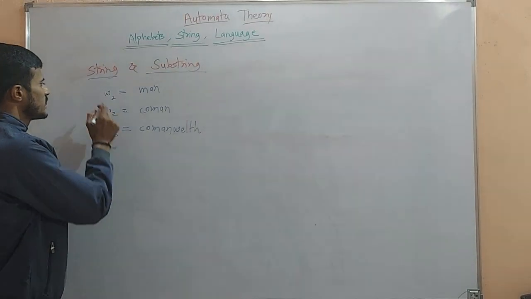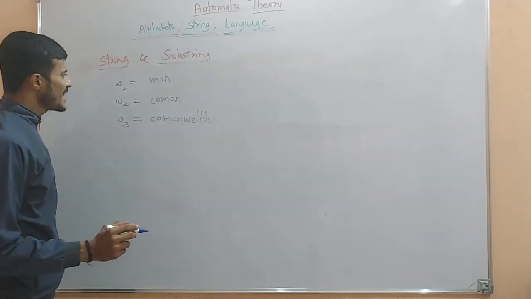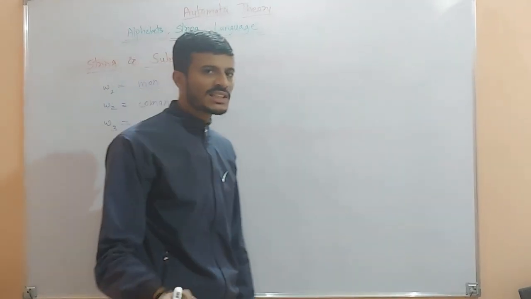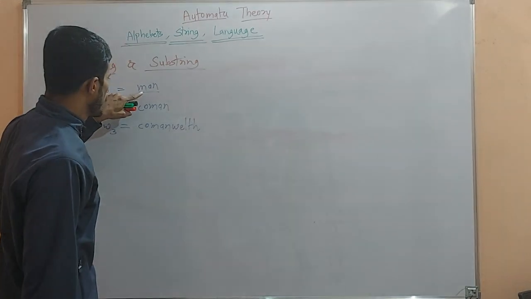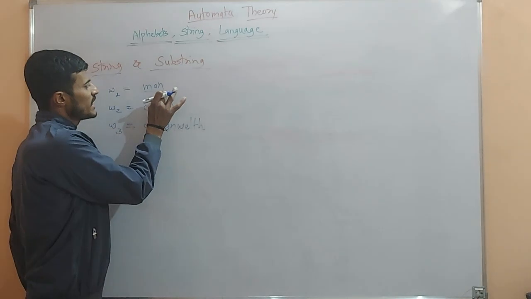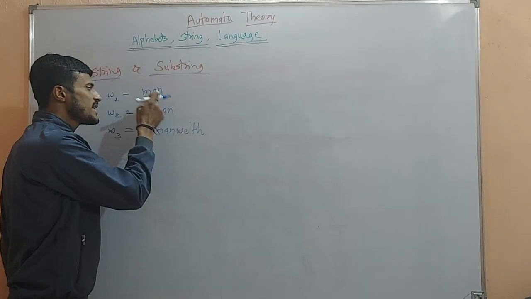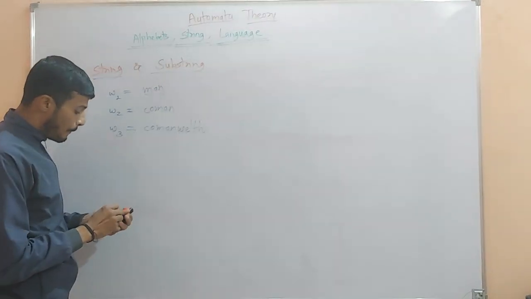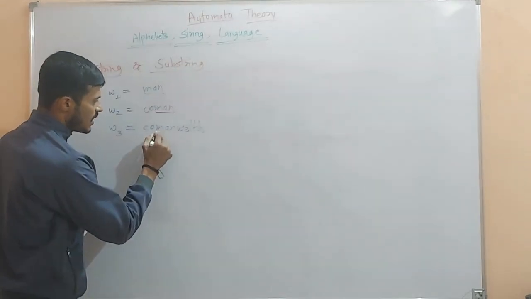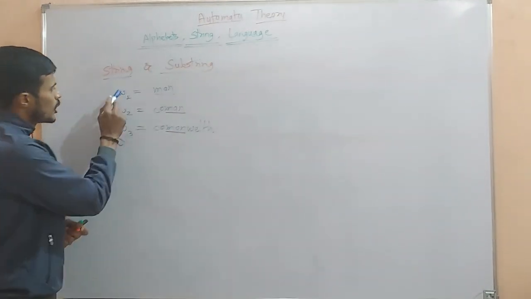If you see the three strings W1, W2 and W3, all the alphabets of the string W1, that is m, a and n, with the same sequence, are present in the other strings. You can see m, a, n is present over here.